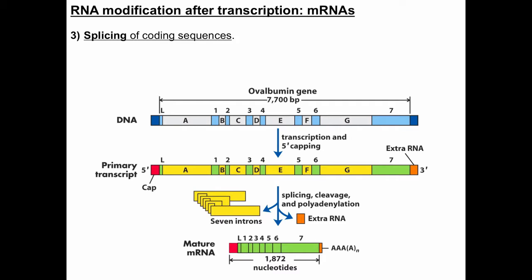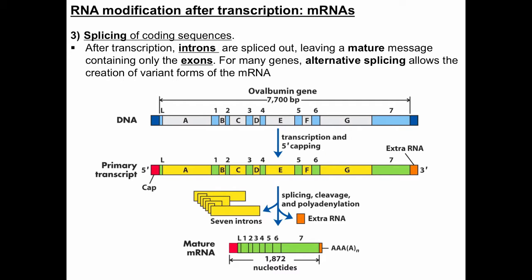Okay, and the last thing we're going to talk about is the splicing of coding sequences. After transcription, we have our introns. Remember, that's the non-coding part of the RNA molecule that must be spliced out so that it only encodes exons.